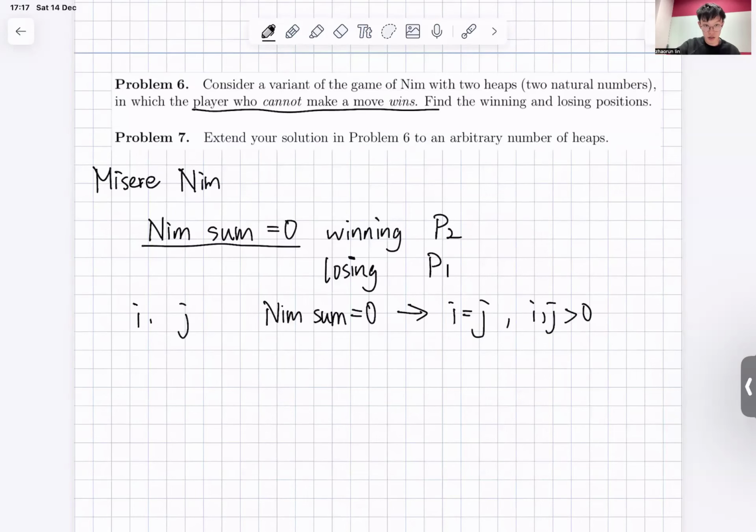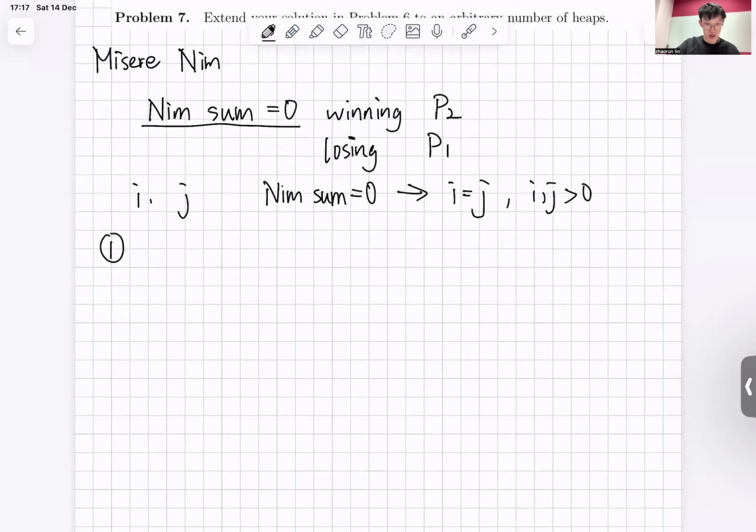So we can have three situations. One situation is that player 1 reduces i to 0. Then player 2 can reduce j to 1.